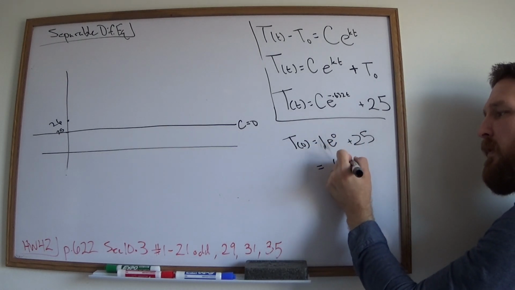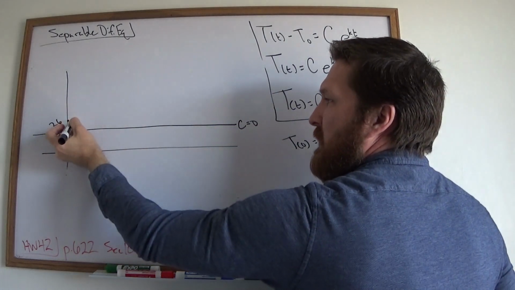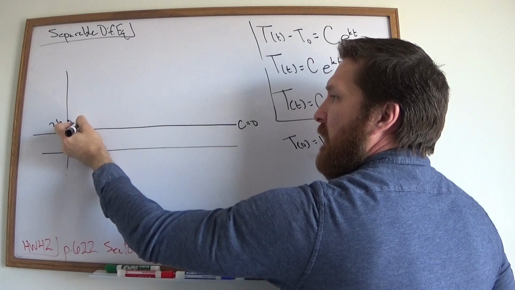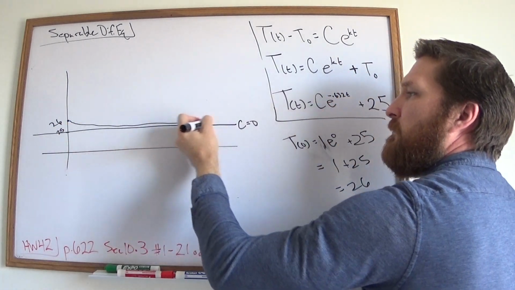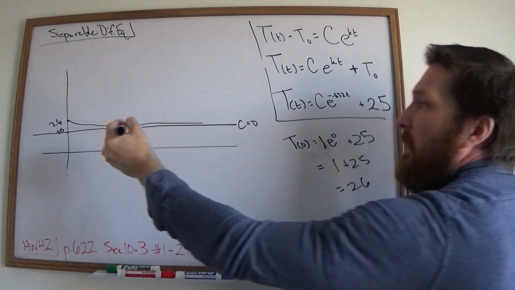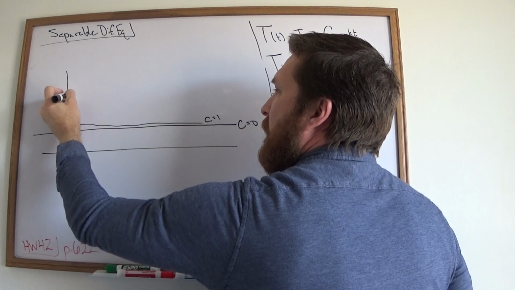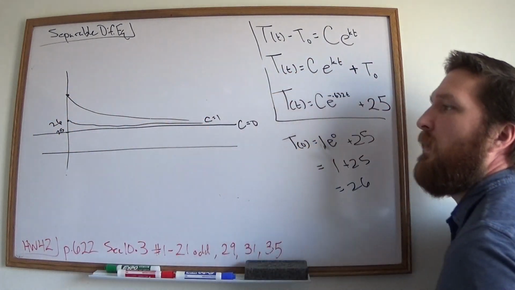Which is 1 plus 25 is 26. So he would start here at 26, and he would decay like this. Right? And so on and so forth. We can imagine different values of C.